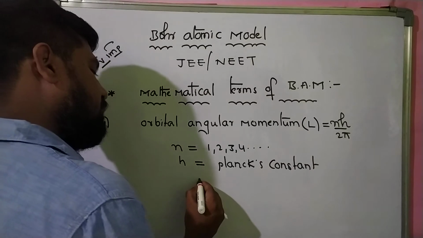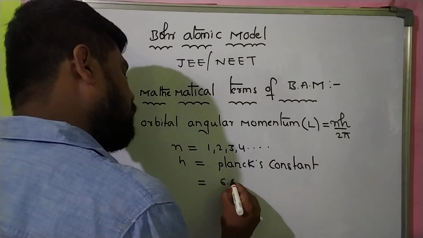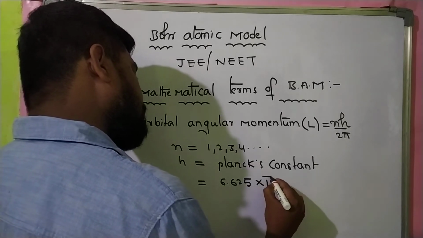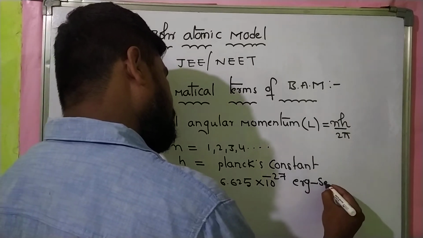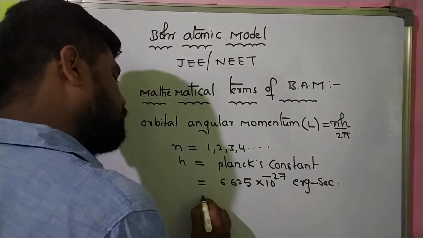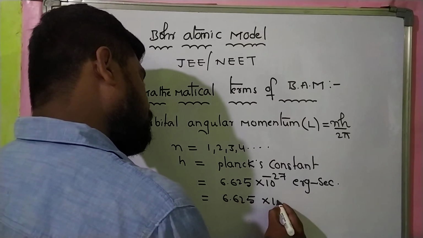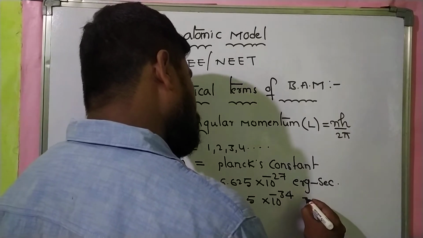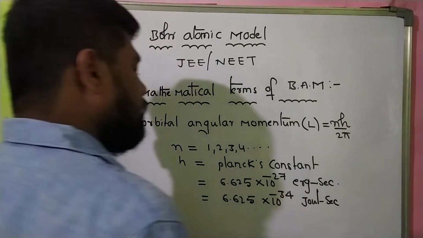Its values are 6.625 into 10 to the power of minus 27 erg second, or 6.625 into 10 to the power of minus 34 joule second. Very important.